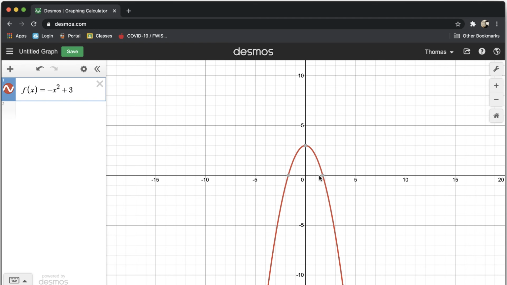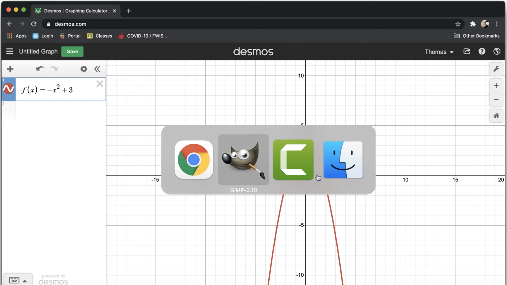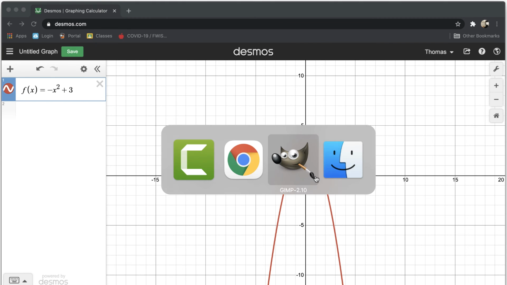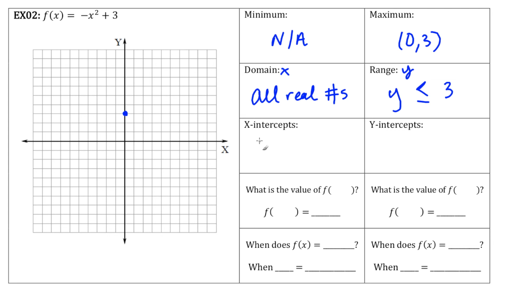And positive 1.732, 0. So negative 1.732 right there. Positive 1.732 right here.